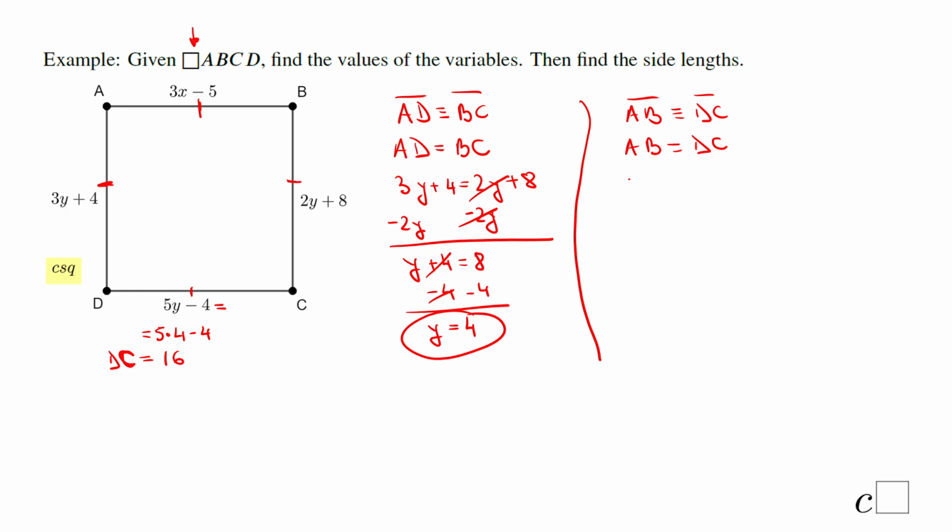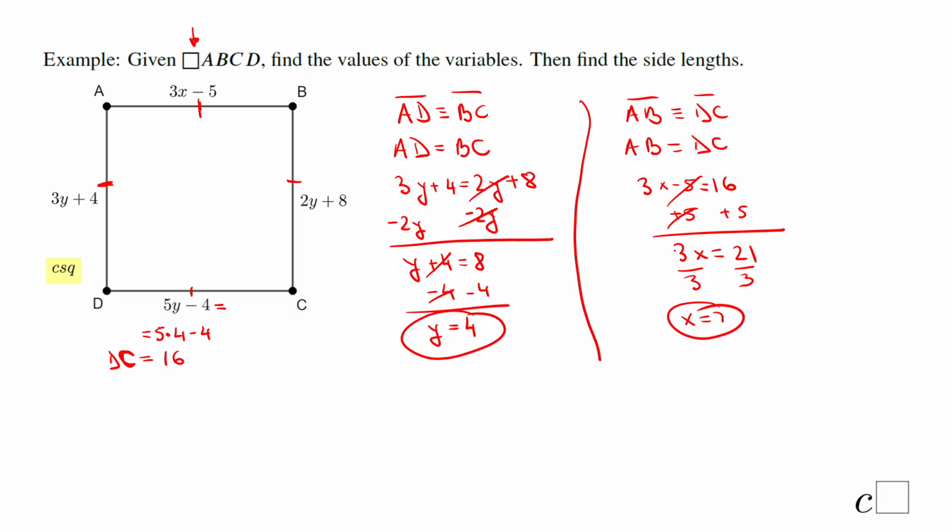which means AB, which is 3x minus 5, is equal to 16. So for finding x, we're going to add 5. And we have 3x equals 21, and the last step for finding x is divide by 3. x equals 7.